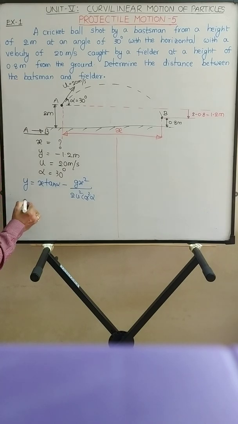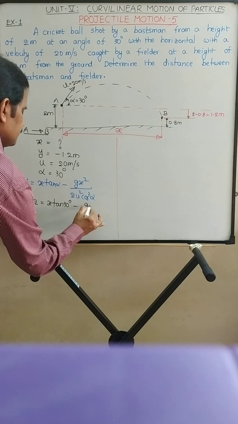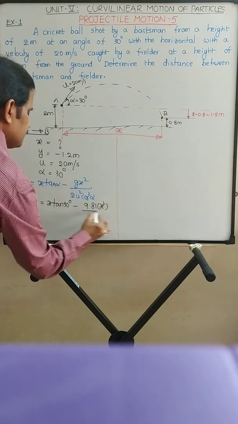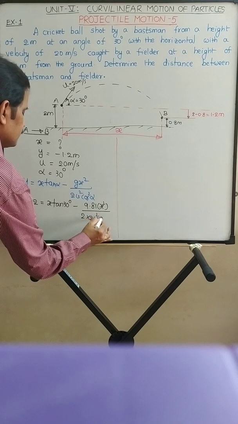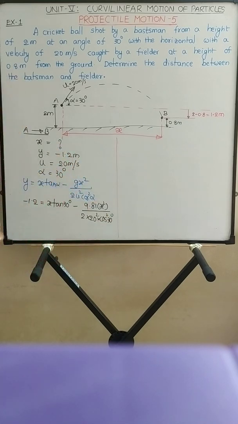So y is equal to minus 1.2 is equal to x tan 30 minus 9.81 into x square upon 2 into 20 square into cos square 30.